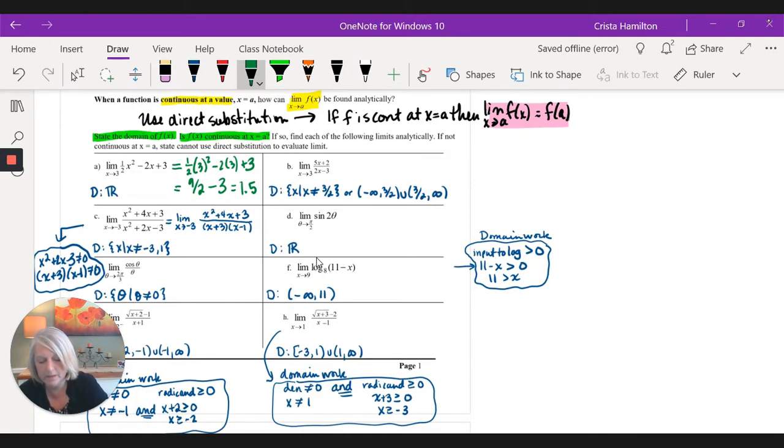All right, looking up here, in the B, we do have a discontinuity, and the discontinuity is at 3 halves. But I'm trying to calculate the limit as x goes to 3. And 3 is a location where there is not a discontinuity. Rational functions are continuous on their domain. So performing direct substitution for this value of A is perfectly fine.